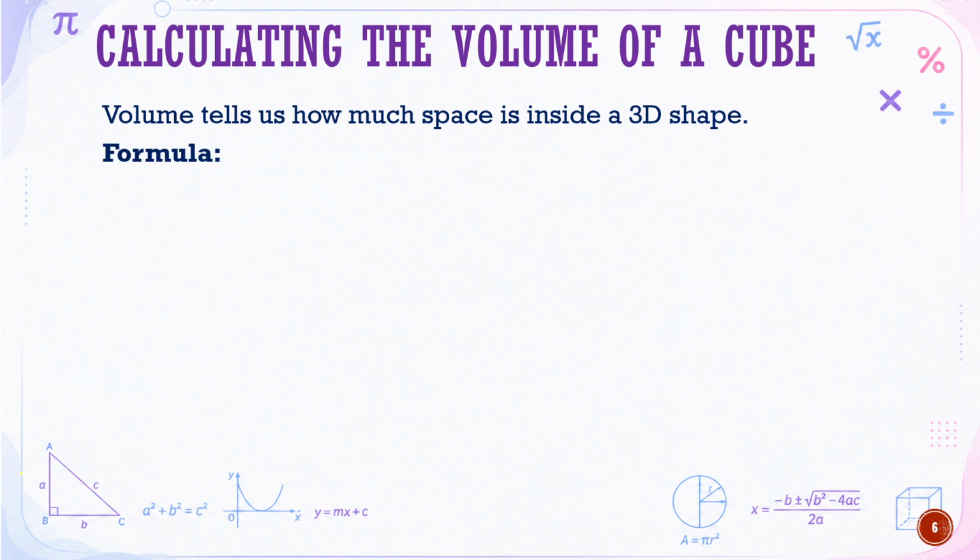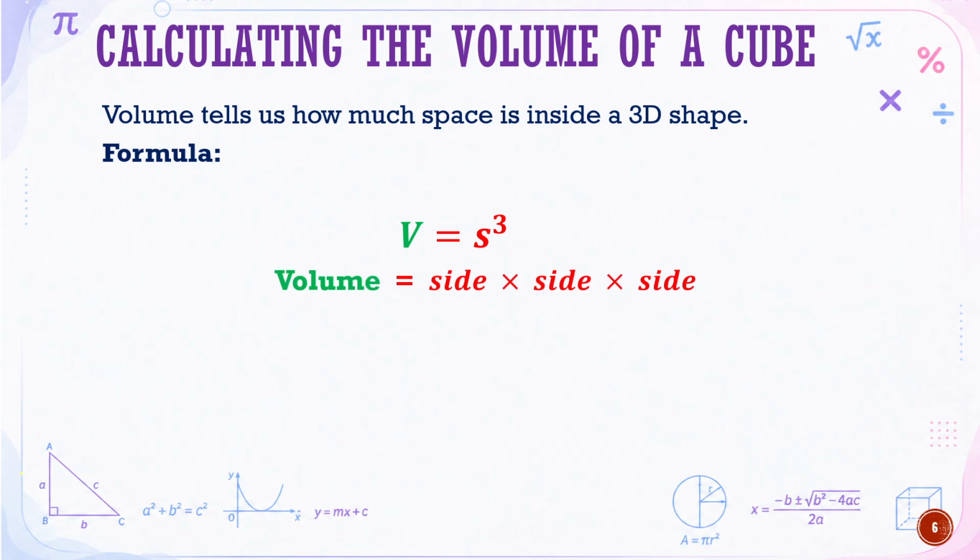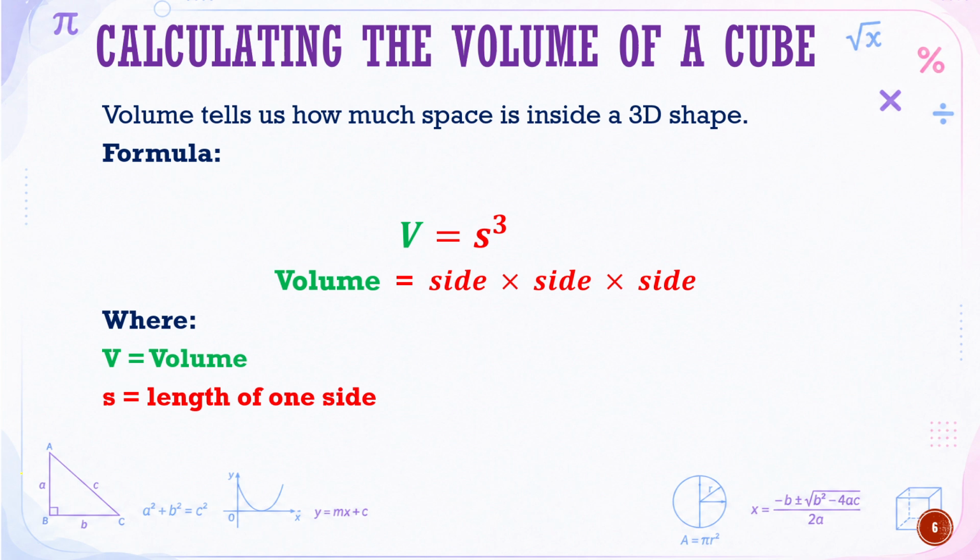Now, the cube's formula for calculating the volume is V = S³, that is the cube of the side, where V stands for the volume of the cube and S stands for the side. As a cube has 6 square faces, the volume of the cube is calculated by the cube of the side, where again V is the volume and S is the length of one side.